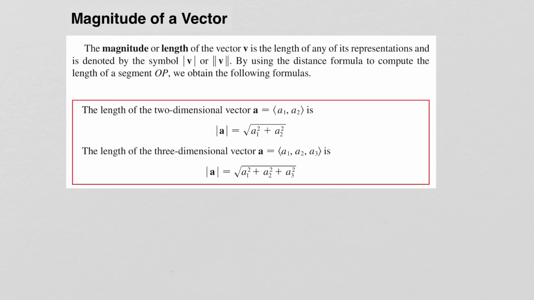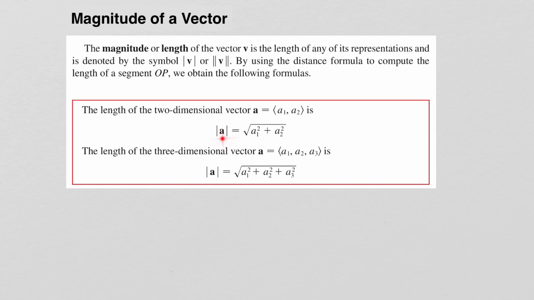Now let's go back and talk about the magnitude of a vector. Remember, the magnitude is simply the length of a vector, and we can denote it using symbols absolute value, or sometimes they'll put double absolute value bars. Depends on the textbook. Basically, to find the magnitude of a vector, you simply use the Pythagorean theorem in 2 dimensions or 3 dimensions.